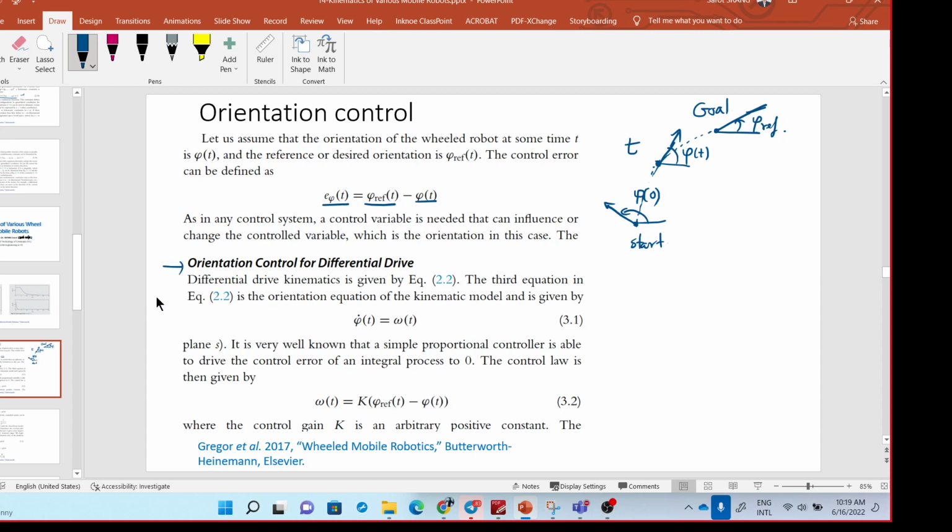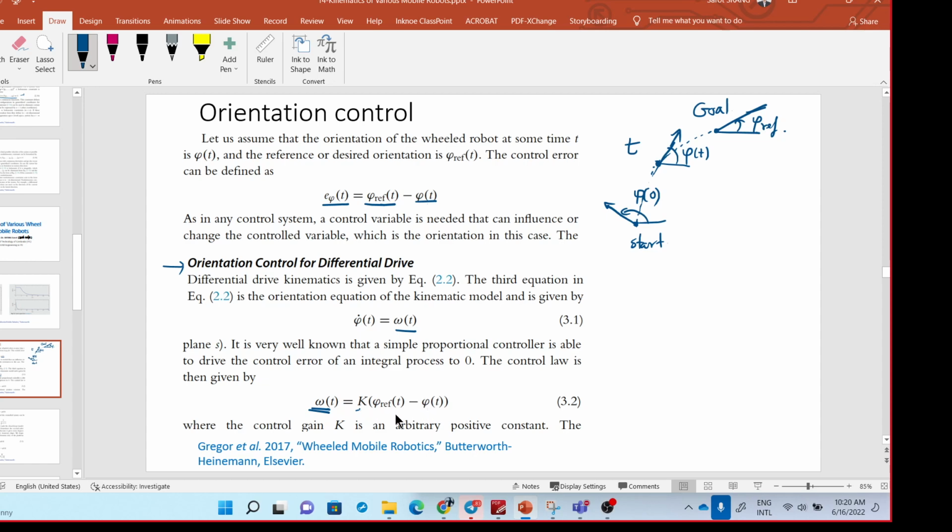Then let's take a look at the orientation control for differential drive. We already have the relationship phi dot equal to omega. We take omega as a constant times this error.